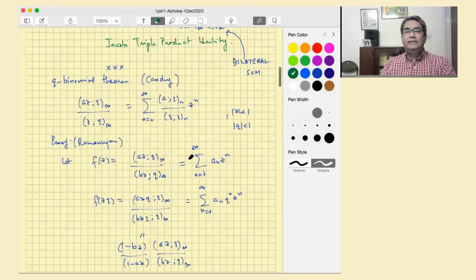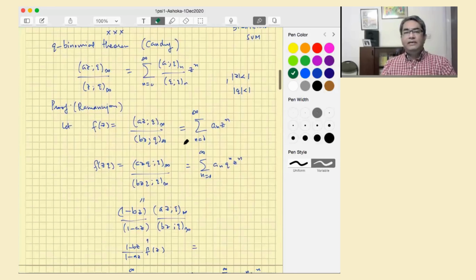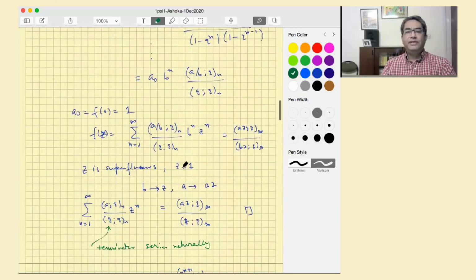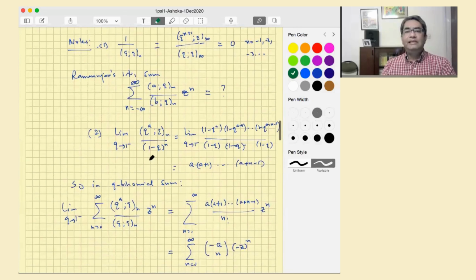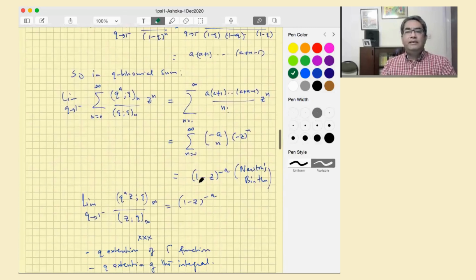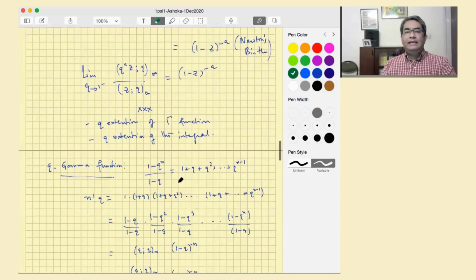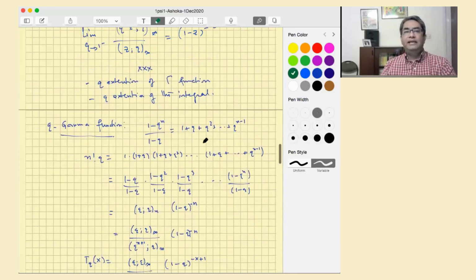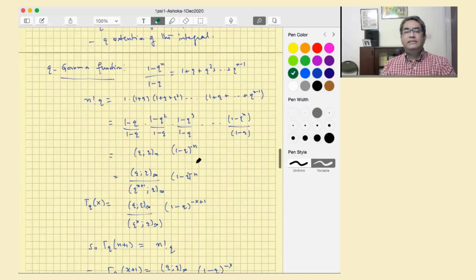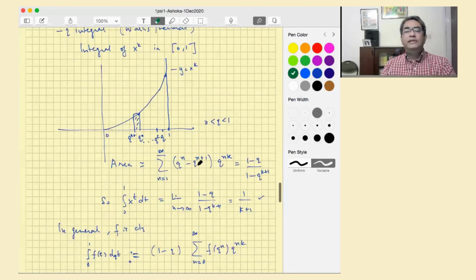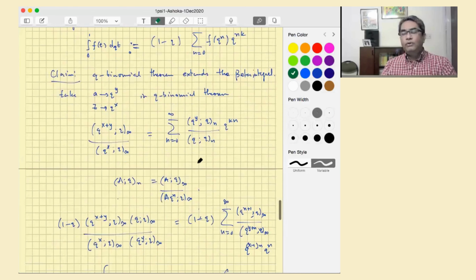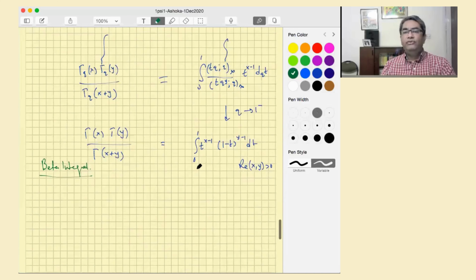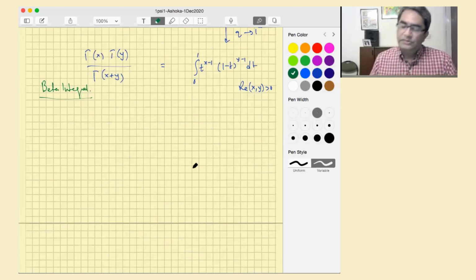And then we did the proof due to Ramanujan of the q binomial theorem. And one of the things which came out was this limit. And then we had a q extension of the gamma function and integral, and the claim was that Cauchy's q binomial theorem extends the beta integral. And now we are ready for Ramanujan's 1 psi 1.